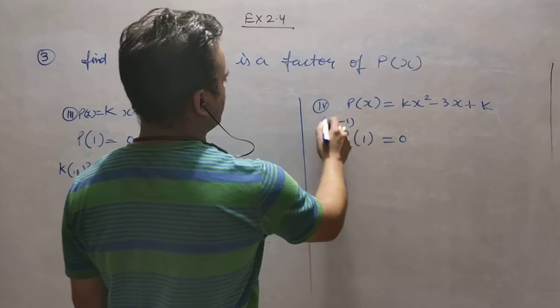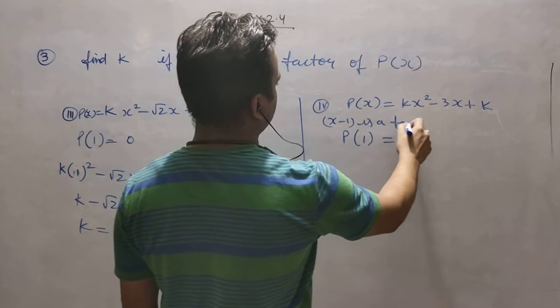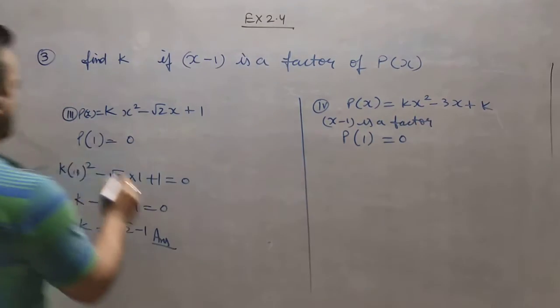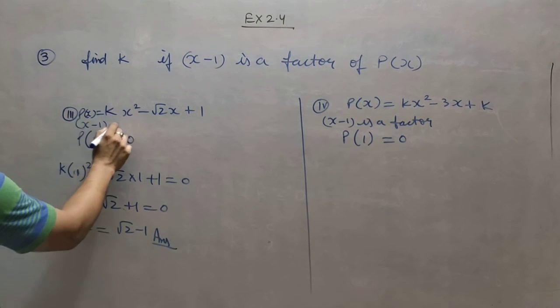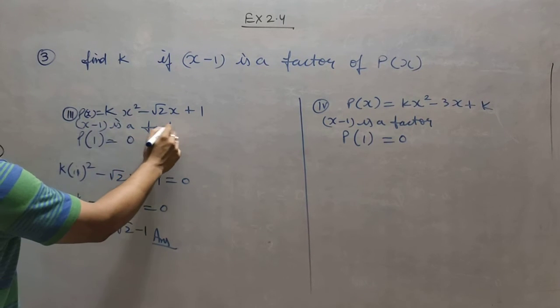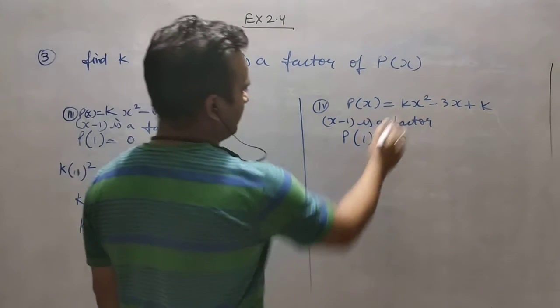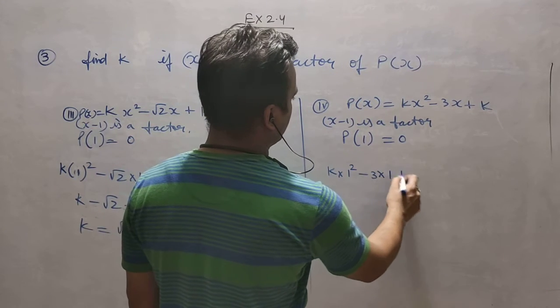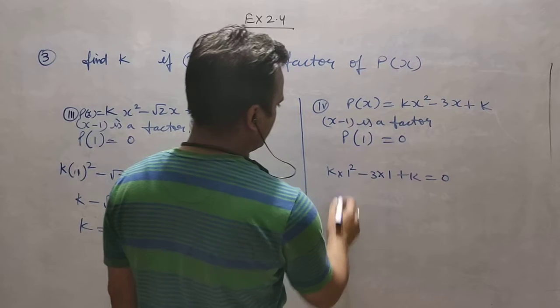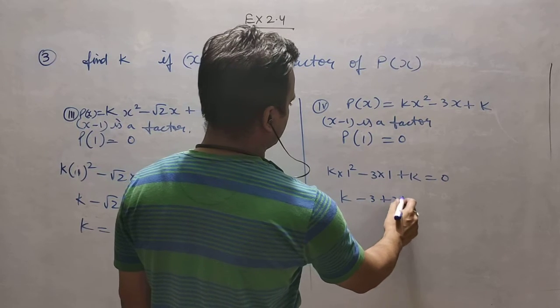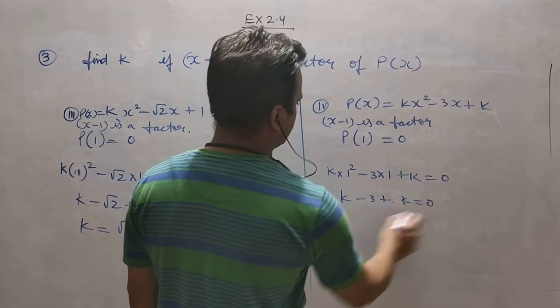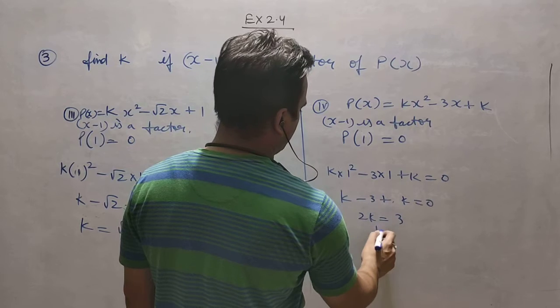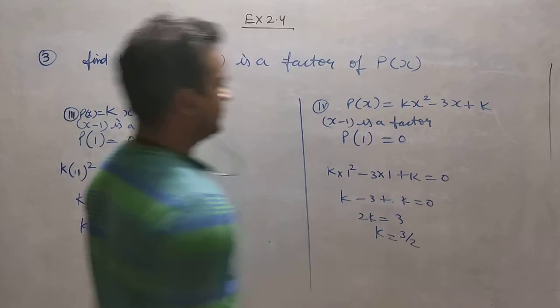Reason: x minus 1 is a factor. You can write like this, x minus 1 is a factor. It is given. So if I put k into 1 square minus 3 into 1 plus k equal to 0. So it is k minus 3 plus k, it is 0. So 2k is equal to 3, then k is equal to 3 upon 2.